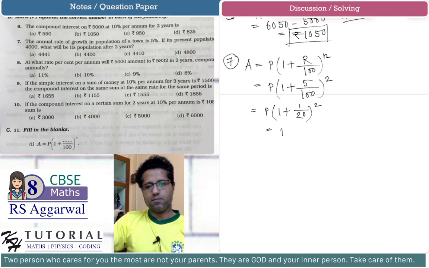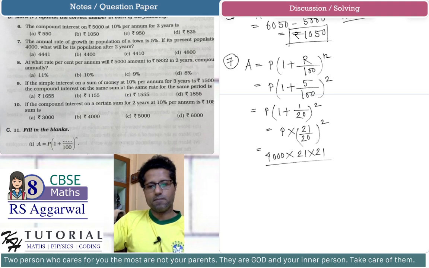This is equal to P multiplied by 21 by 20 square, and P, that is the present population, is 4000 multiplied by 21 multiplied by 21 divided by 20 multiplied by 20. So the denominator is 400.